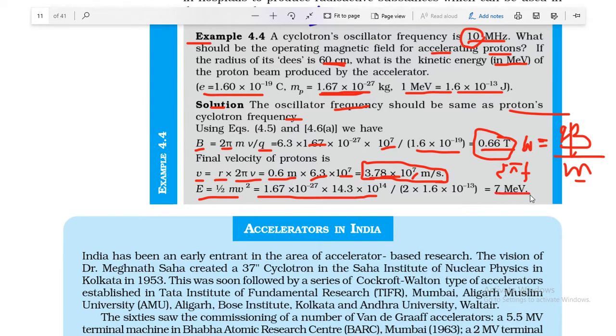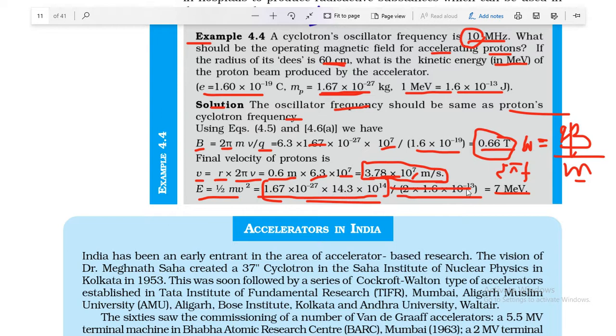After solution you will get 7 million electron volt, in terms of million electron volt. The direct calculation will give you the answer in joules. If you don't divide, this result is also correct and it will be in joule.